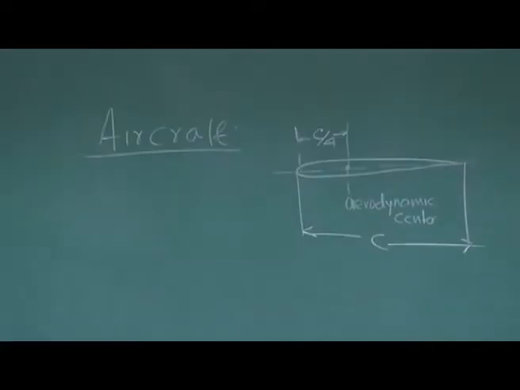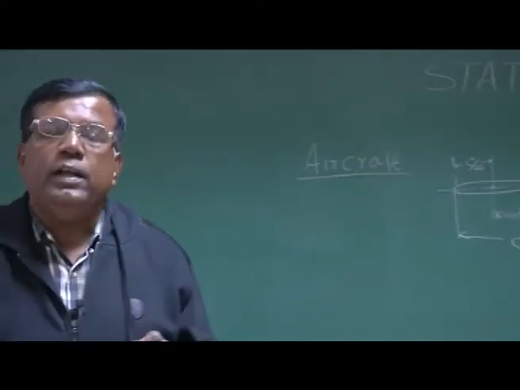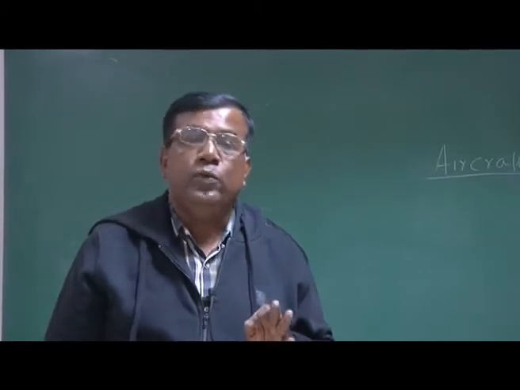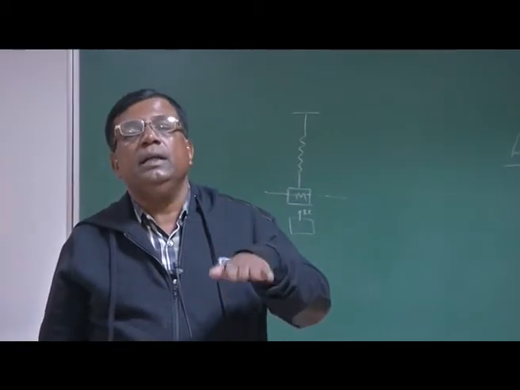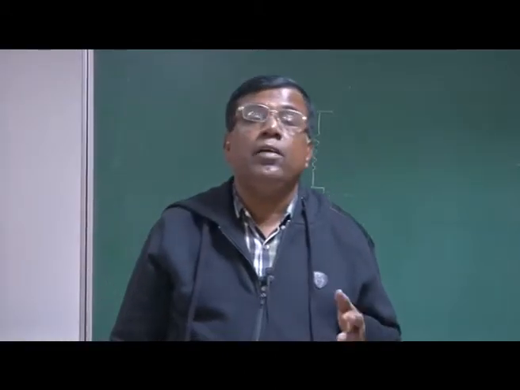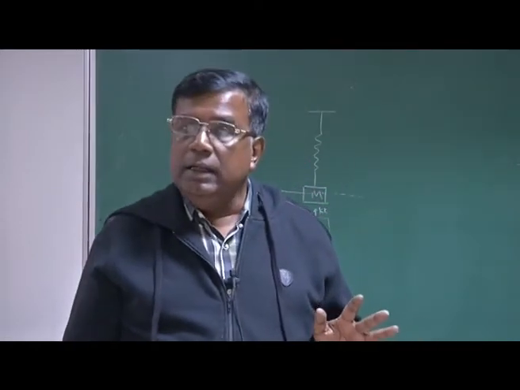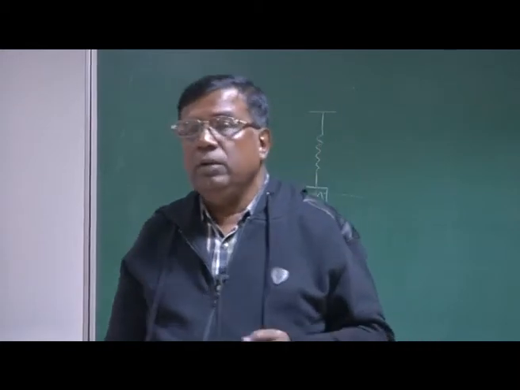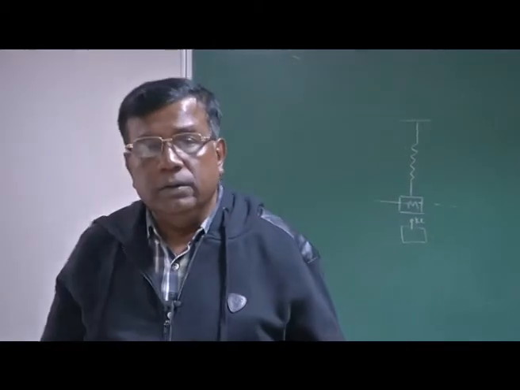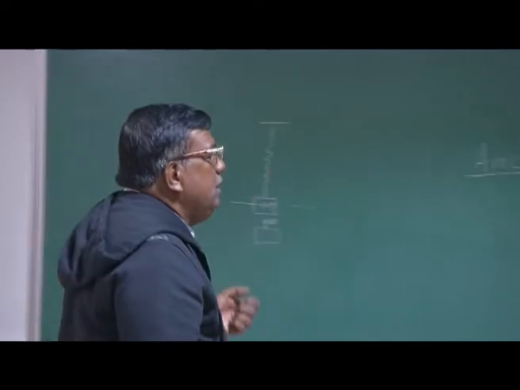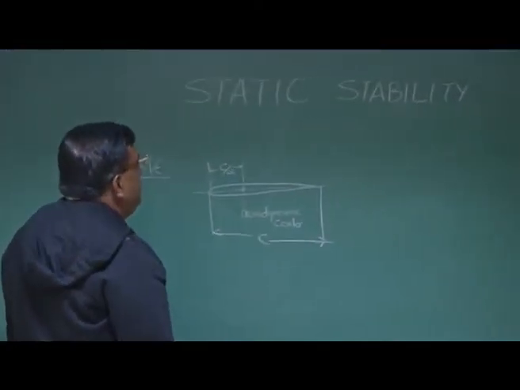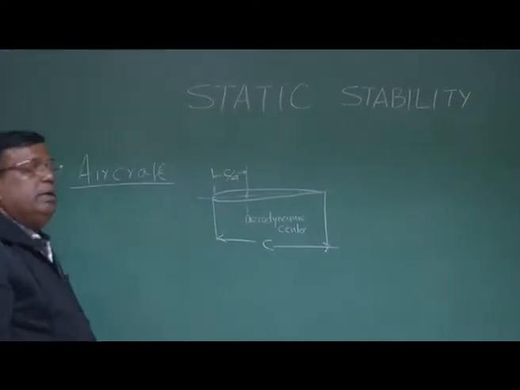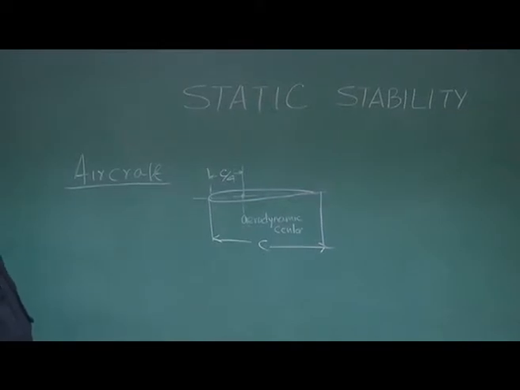And what is the technical definition of this aerodynamic center? It is that point on the aerofoil about which the pitching moment is independent of angle of attack. Is it clear? Even if I change the angle of attack, the pitching moment about that point will be 0. Right? So it is very convenient to represent all the forces and moment acting at c/4.